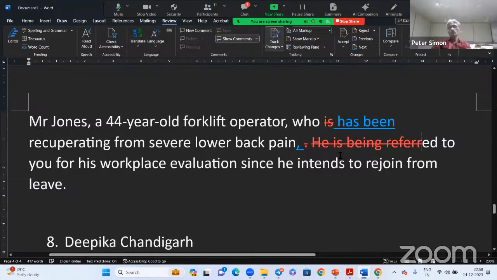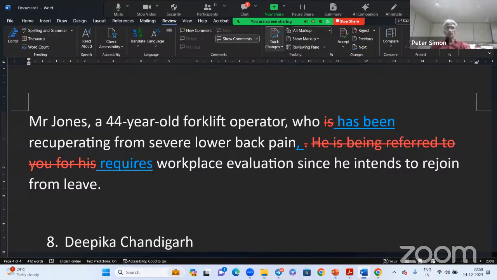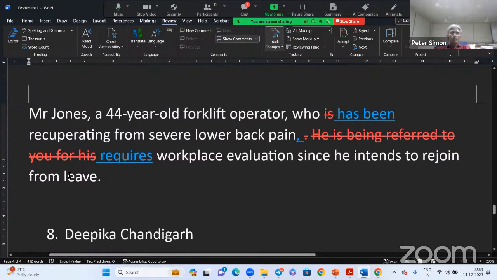No, it's not given. So just say requires workplace evaluation since he intends to rejoin, resume work.